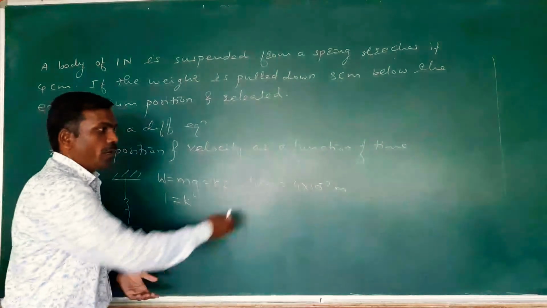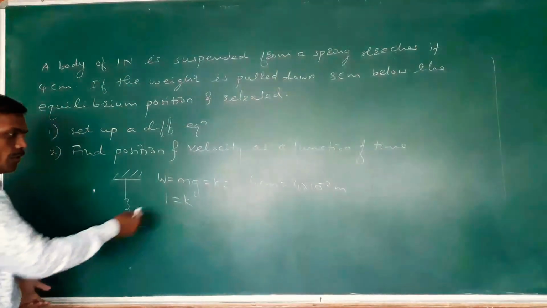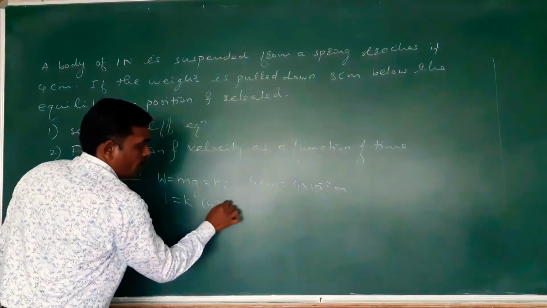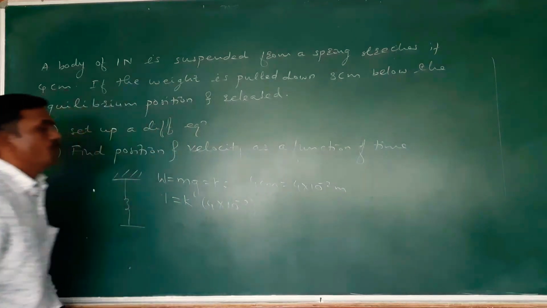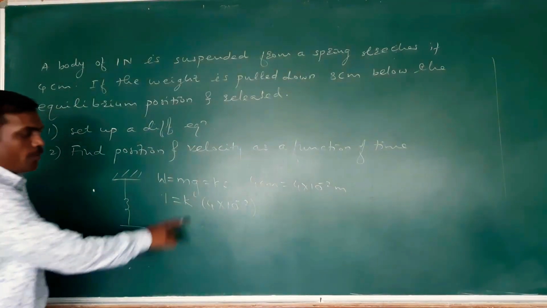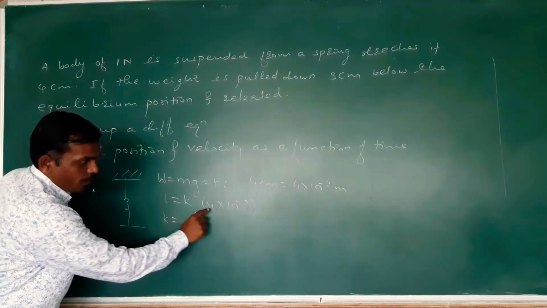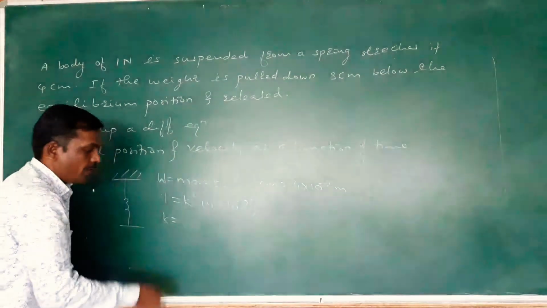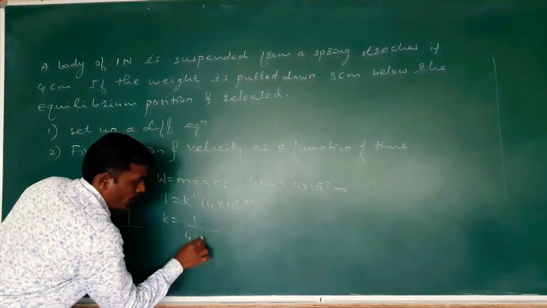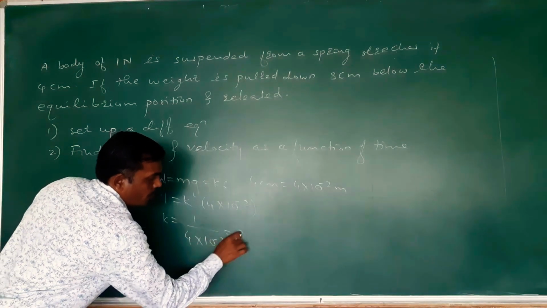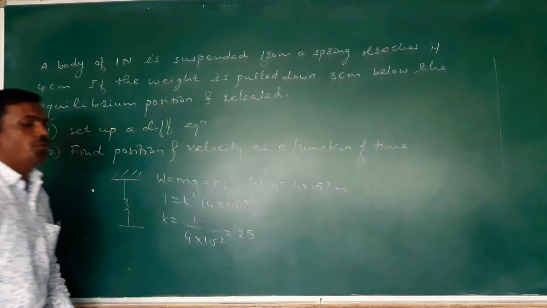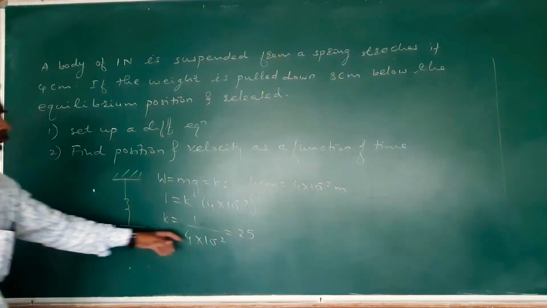Means you may write 0.04, no problem. So here I am writing 4 into 10 raised to minus 2. Get it? So here find the value of k. So k is equal to, transfer this 4 into 10 raised to minus 2 to the LHS. So 1 upon 4 into 10 raised to minus 2 is equal to 25. Do your calculation. So value of k is 25.